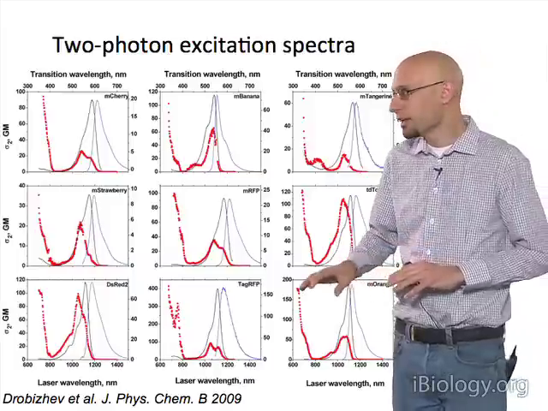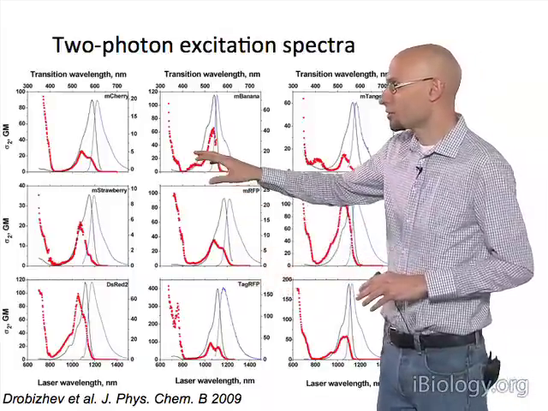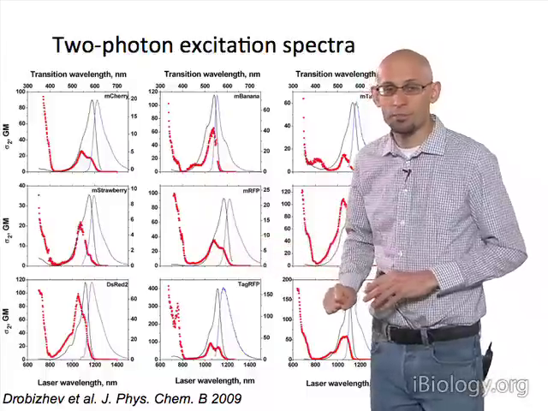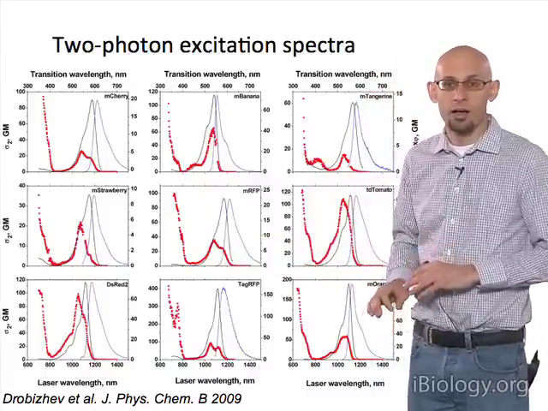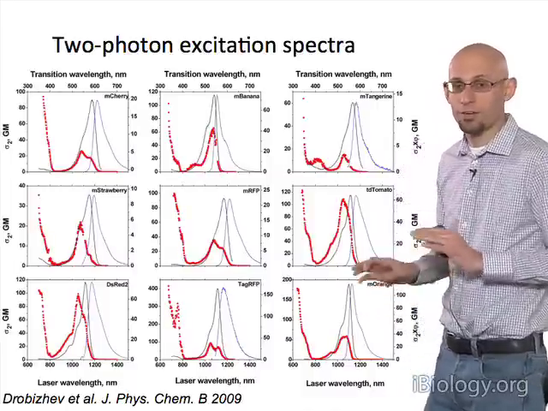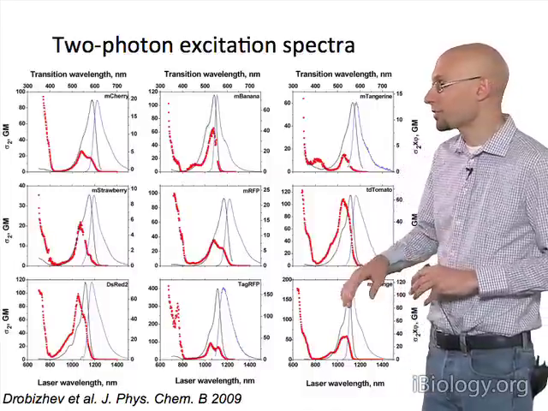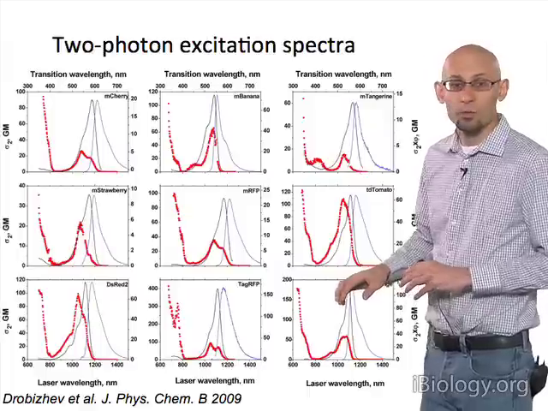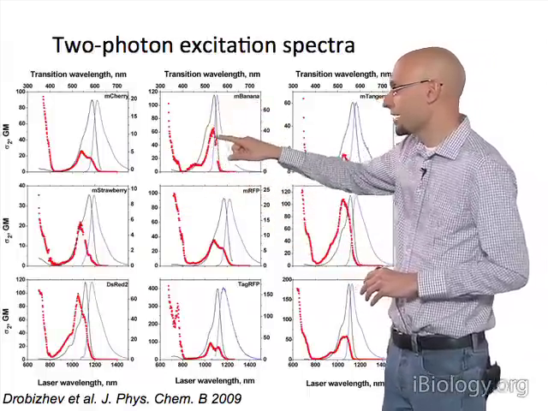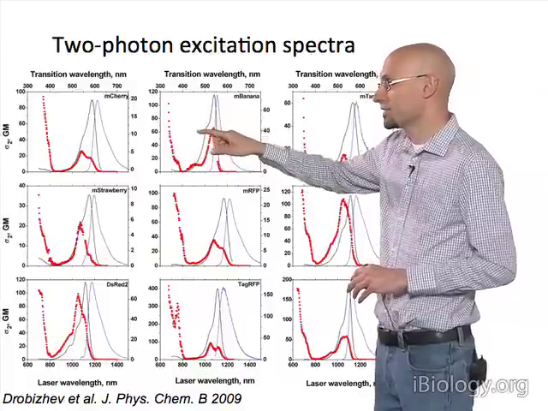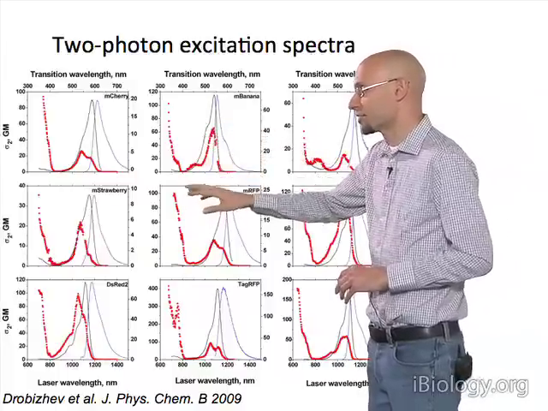So now let me turn to talking a little bit about the dyes and two-photon absorption and two-photon excitation in real dyes. This is a figure I took from a recent paper looking at two-photon excitation of fluorescent proteins, and in particular these are red fluorescent proteins of various kinds. What's plotted here, you can see in these black curves, is the one-photon excitation spectrum for these 9 different molecules.